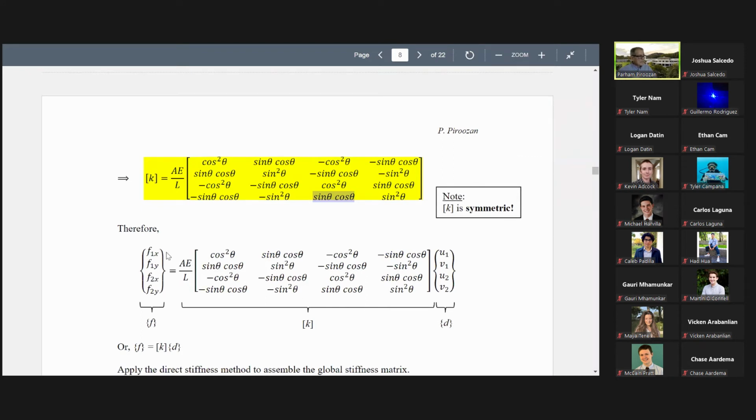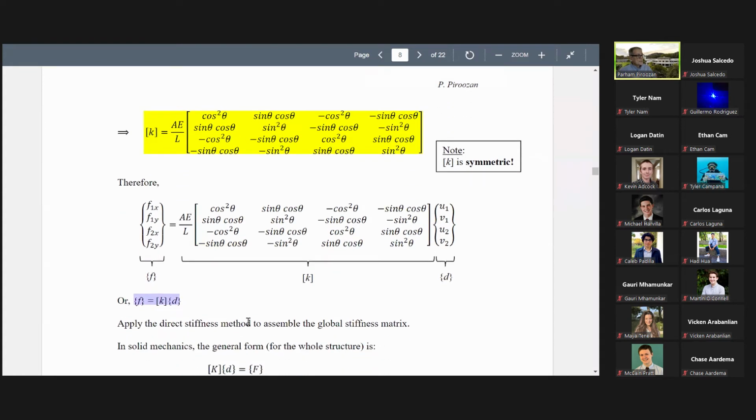So that's it. That's what we wanted to find. Our force vector f1x, f1y, f2x, f2y is equal to k, our k here that we found, times the displacement vector. F is equal to kd. That is what you see here, and that's what we wanted to achieve.